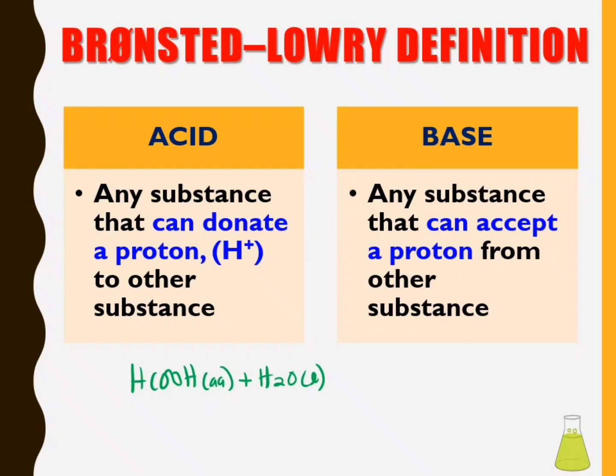So in this case, the arrow that we use here is reversible arrow. Why? After this I will discuss later. So you akan dapat HCOO- aqueous. Nampak? HCOOH already donate 1 hydrogen ion, H+. H2O become H3O+ aqueous.